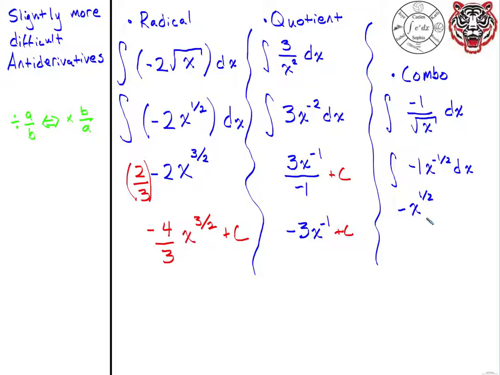So this is really doing what? Times 2. Yeah, we're really multiplying by 2 by dividing by 1/2. And am I done? No. Plus c. So our final answer becomes negative 2x to the 1/2 plus c.